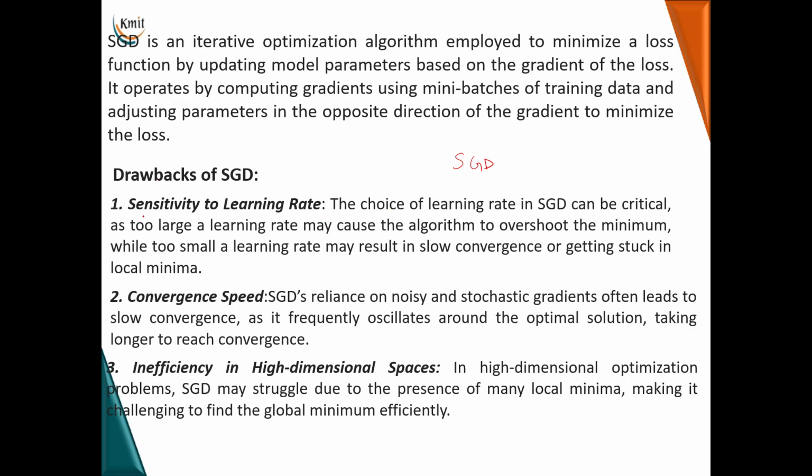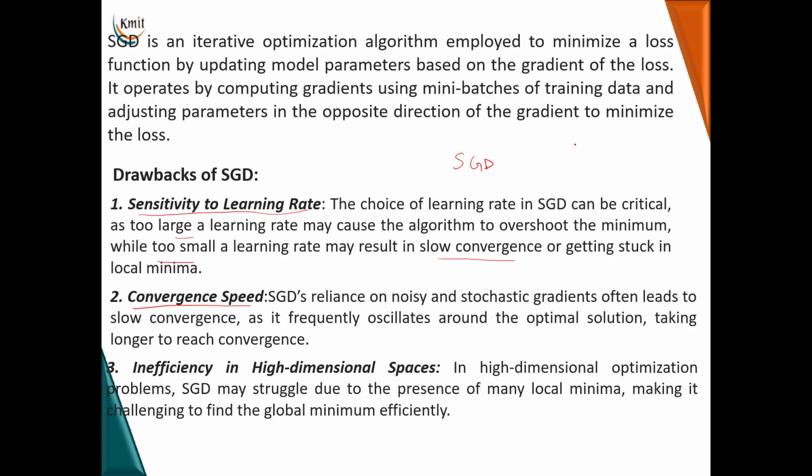Coming to the drawbacks, the first drawback associated with SGD is it is sensitive to the learning rate, because the choice of learning rate plays an important role in any of the gradient descent based algorithms. The learning rate should neither be too large nor too small. If it is too large, then it leads to overshoot, and if it is too small, then it leads to slow convergence.